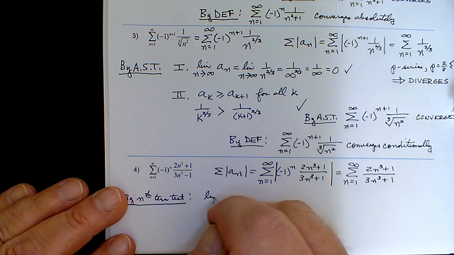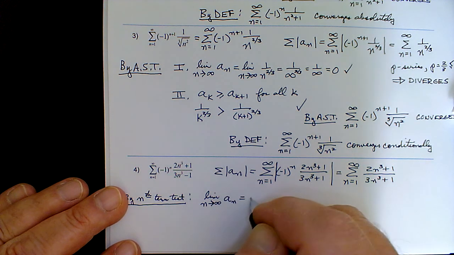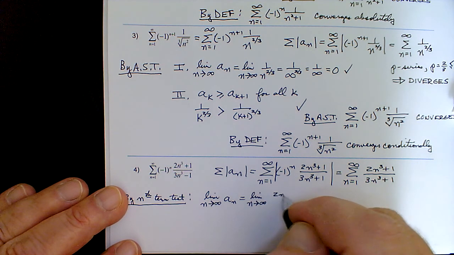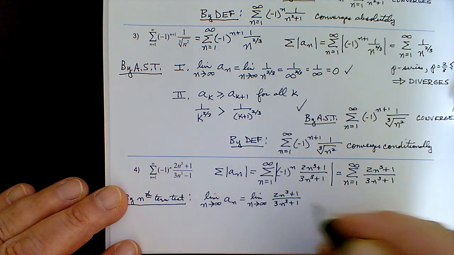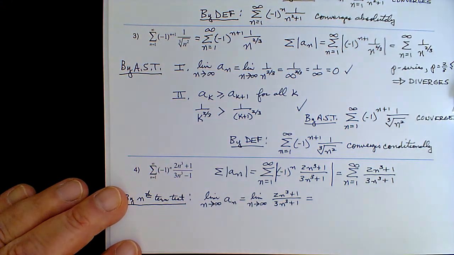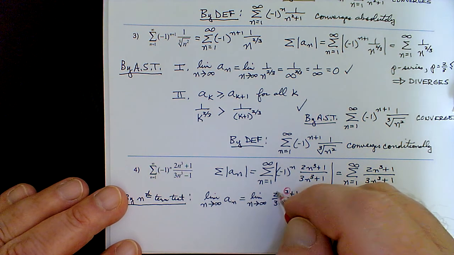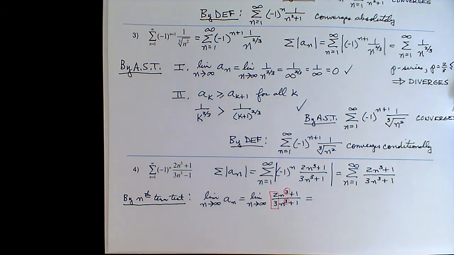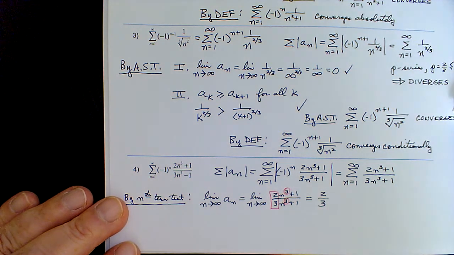And that just says to take the limit as n goes to infinity of a sub n, which in this case would be the limit as n goes to infinity of 2n cubed plus 1 over 3n cubed plus 1, which by inspection, hopefully, we've seen this enough. If we have the limit as n goes to infinity of a ratio of two polynomials and the degrees are equal, that limit is just going to be the ratio of the leading coefficients, which is 2/3.